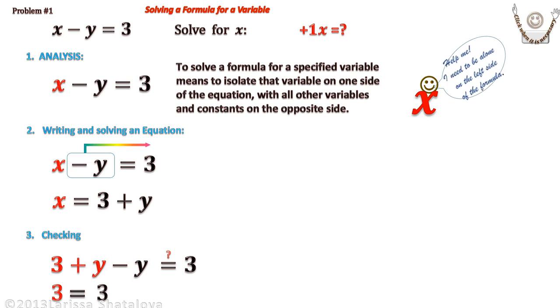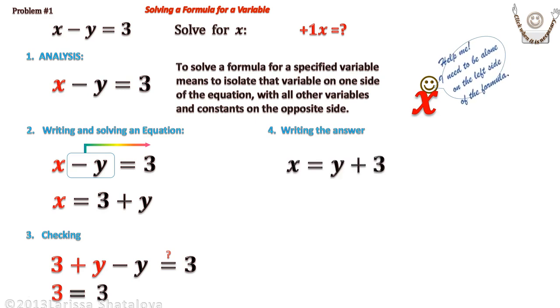So last step, we have to write the answer. x = y + 3. Usually, the constant term is supposed to be the last one, and x is an expression. This is what we expect, because solving a formula for a variable, we expect x to be just an expression, not an exact number as it was with regular equations, which we worked out before.